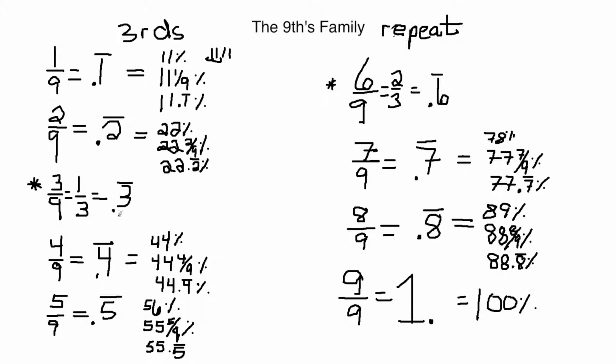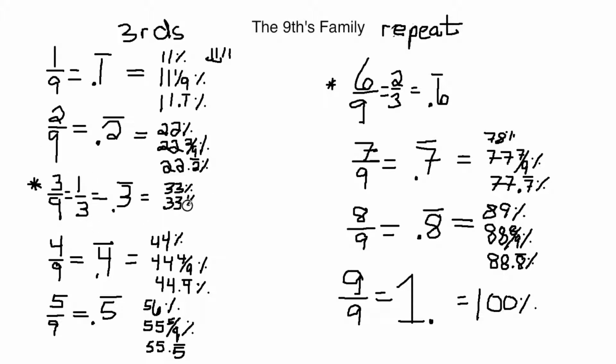Now the reason I skipped 1/3 and 6/10 repeating is that we already had this. As you know, this is 33% rounded. Now you got to be careful here because it's not 3/9, because 3/9 reduces down to 1/3.